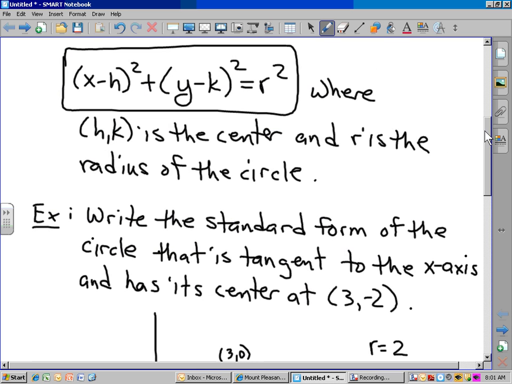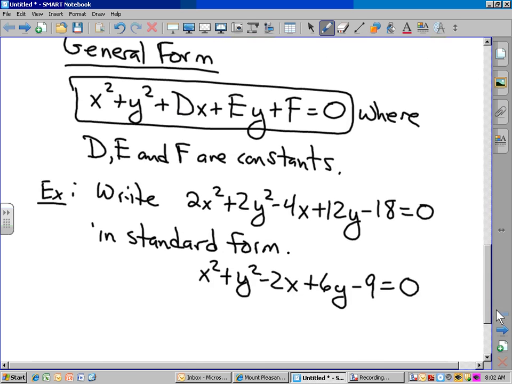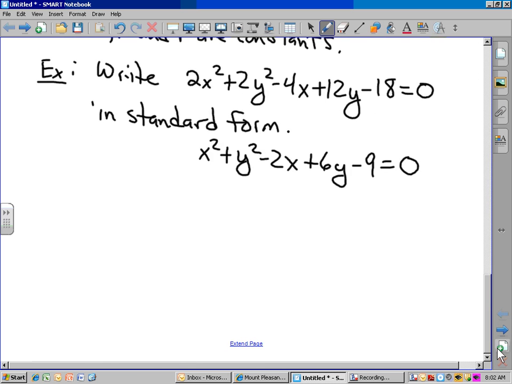Kind of. Let's rearrange. We have one x here. We have one y here, right? So watch this. Let's group all the x's together. So I have x squared minus 2x. Put the y's together. We have plus y squared plus 6y.